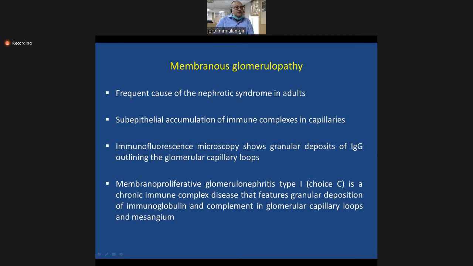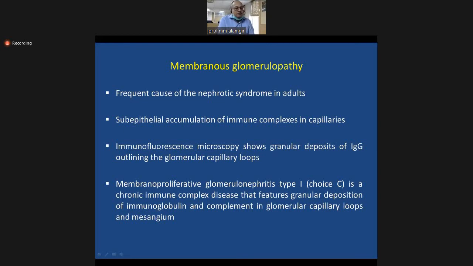Now, two questions. One is why focal segmental disease becomes resistant to steroids. It becomes resistant to steroids because the glomeruli show sclerosis, fibrosis. Once fibrosis takes place within the glomeruli, there is no role of anti-inflammatory drugs to subside the inflammation, because the fibrosis, wherever it takes place, even in your wounds, is permanent.